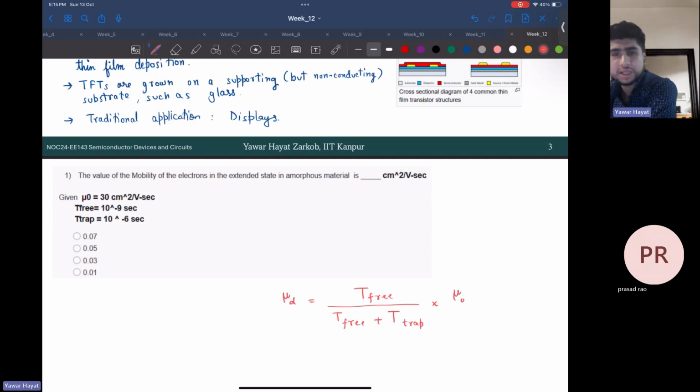So this is the formula that you should use to compute it. Can you find it now? What would be the value of the mobility of electrons in the extended state in amorphous material? Please write the answer in the chat. I mean, this is just a plug the value problem, right?